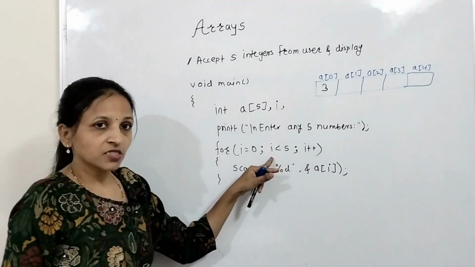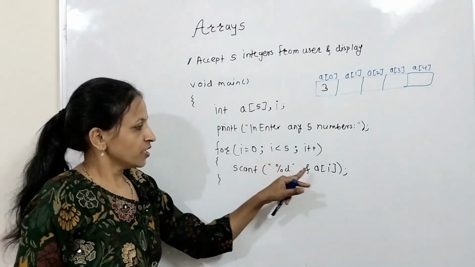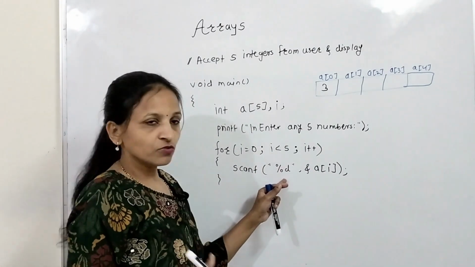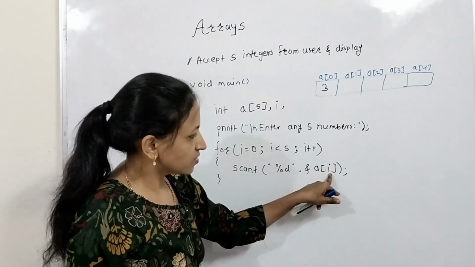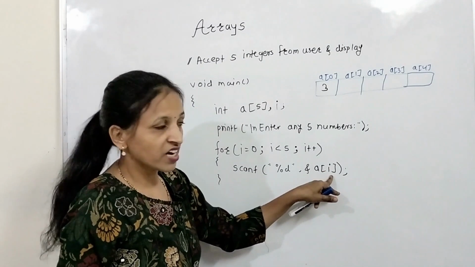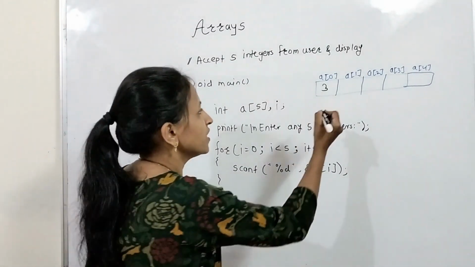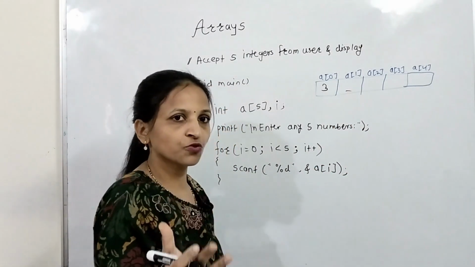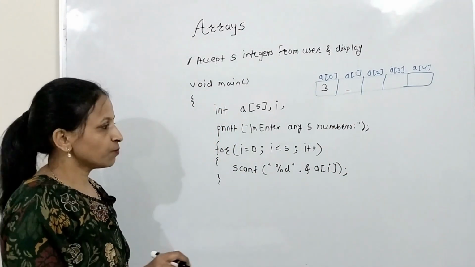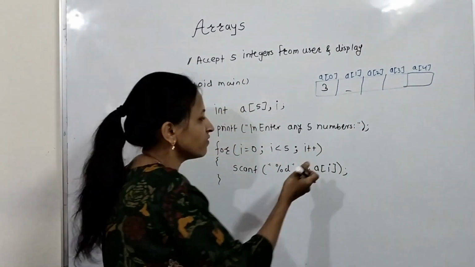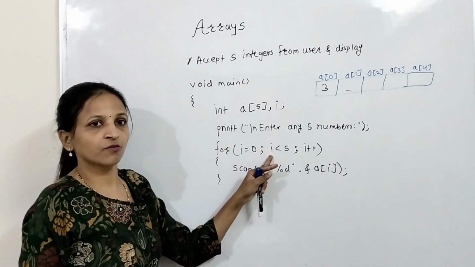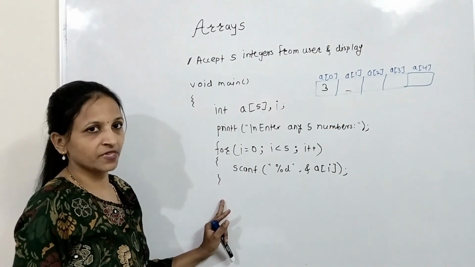Then this condition is again true, 1 is less than 5. Whatever value user enters will get stored at a of 1. Getting, because we are giving the address of a of 1, that's why the value will get stored there, and so on, up to a of 4. Whenever i becomes 5, this condition will become false and control will come to this place.